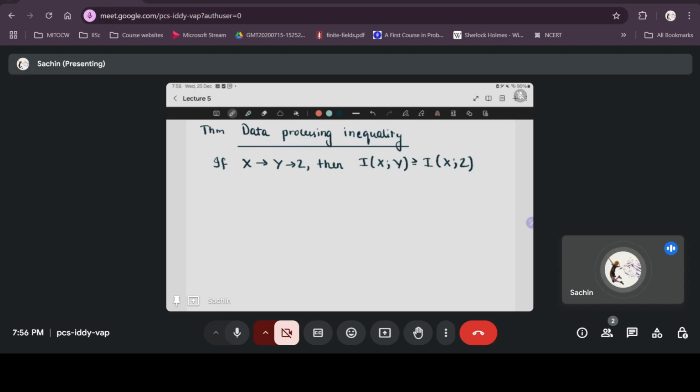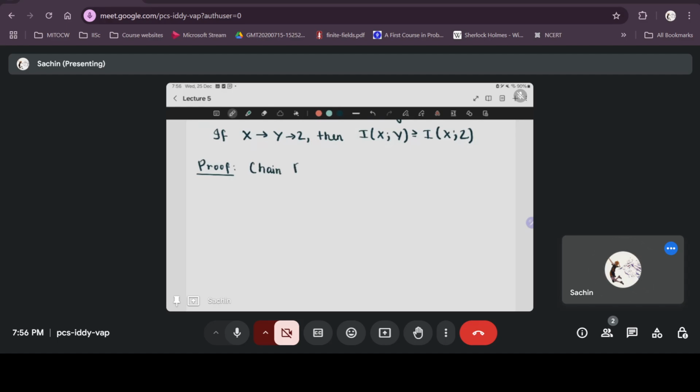Z does not need to be a function of Y. But suppose Z is a function of Y, then that means you have done some manipulation on Y. But doing that manipulation didn't give you any more information than what Y already gave you. The proof of this is as follows.